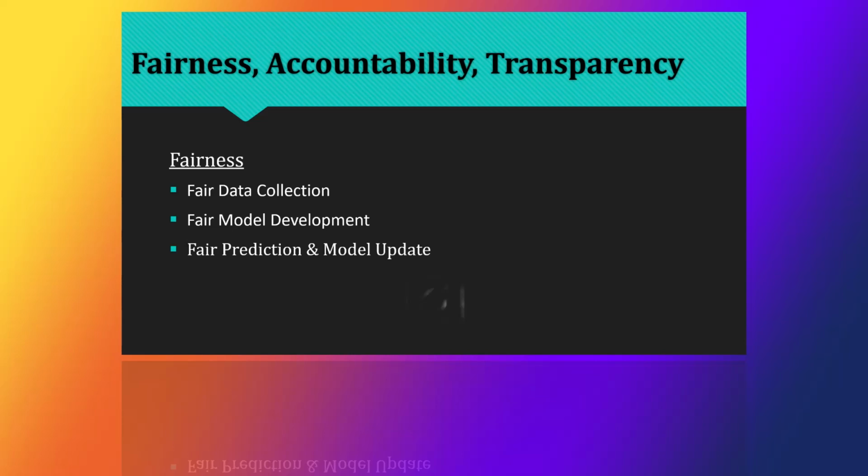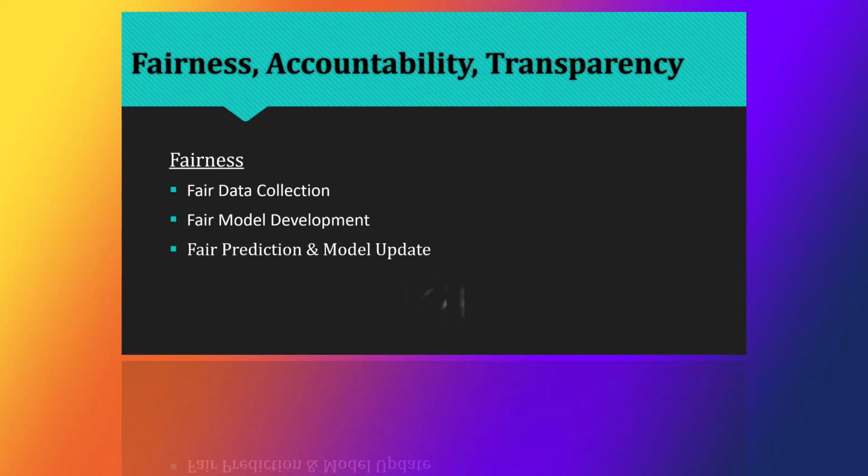So we have another topic, which is fairness, accountability, and transparency. When we come to fairness, what will we do to make the system fair? We will have to follow fair data collection.